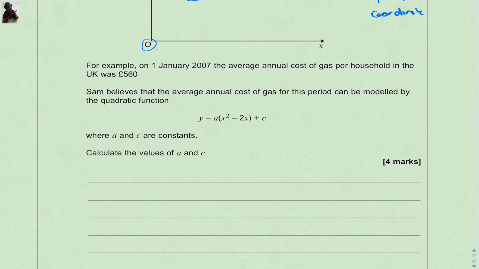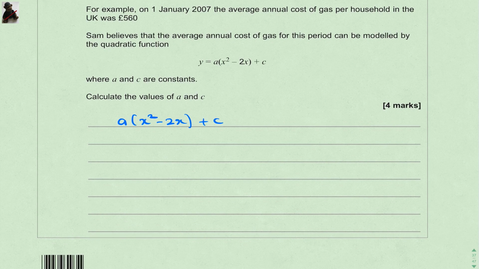So we got a into bracket x squared minus 2x close bracket plus c. To solve that, we solve the bracket using completing the square.